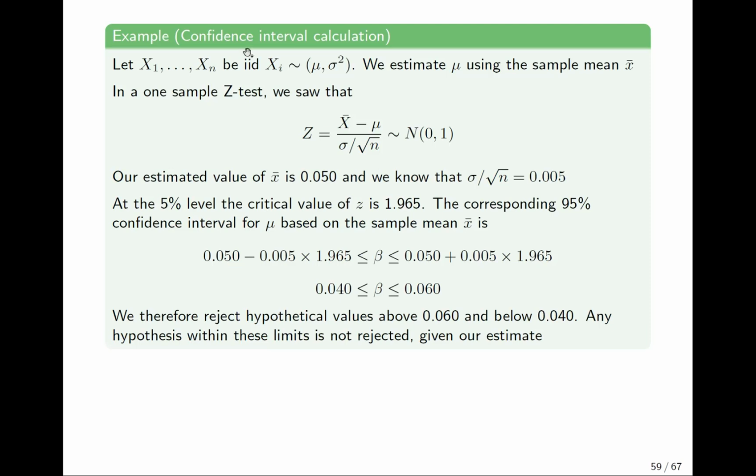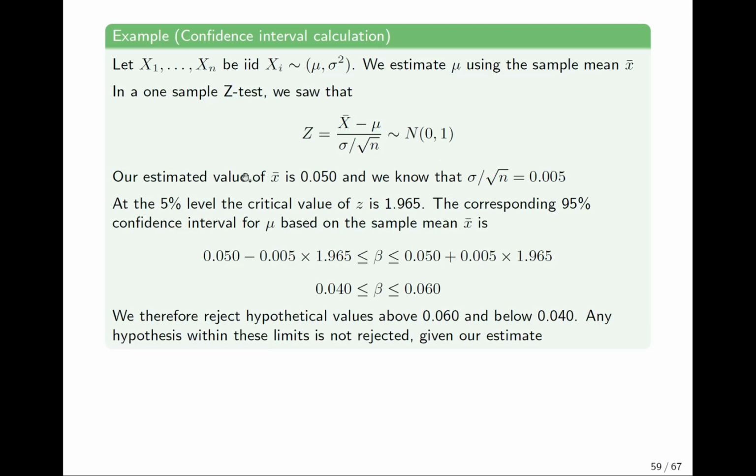Let x1 to xn be independent and identically distributed according to a normal distribution with mean mu and variance sigma squared. We estimate mu using the sample mean, x bar. In the one-sample z test that we looked at earlier, we saw that this quantity is distributed according to the standard normal distribution.